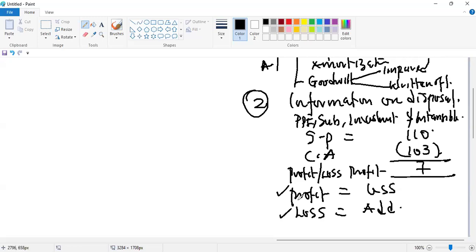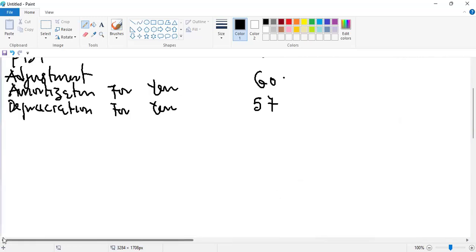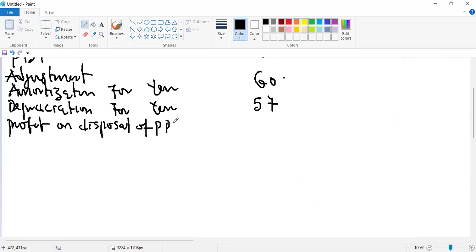If it is loss, we add. Profit on disposal of PPE.